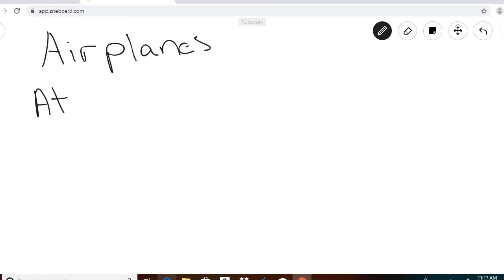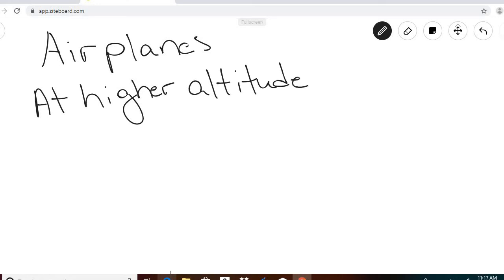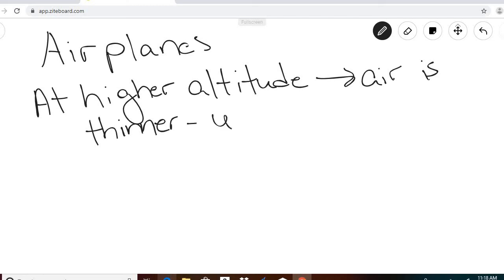The thing that airplanes have to think about is that at higher altitudes the air is thinner, and that means they can fly there using less fuel because you don't have as much air resistance.